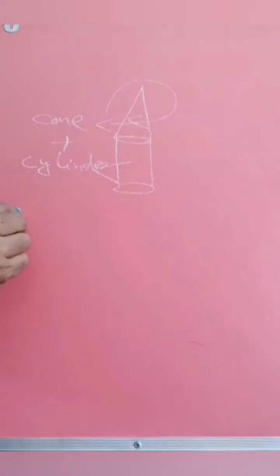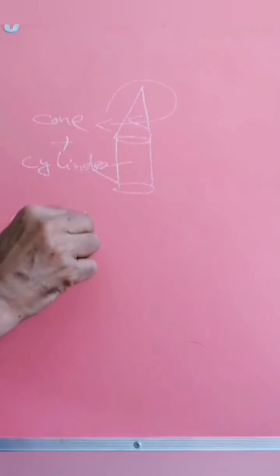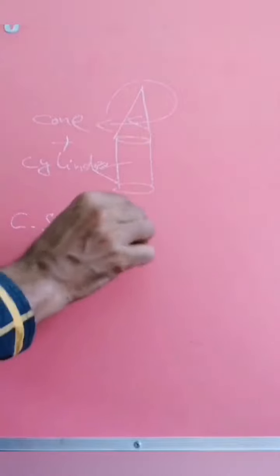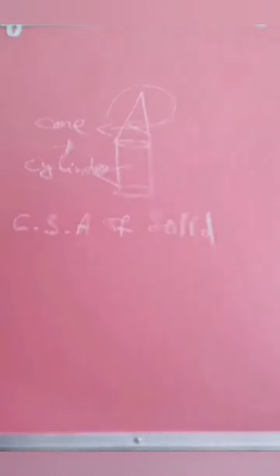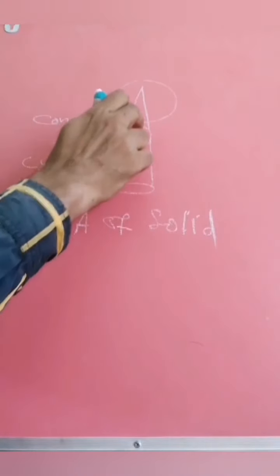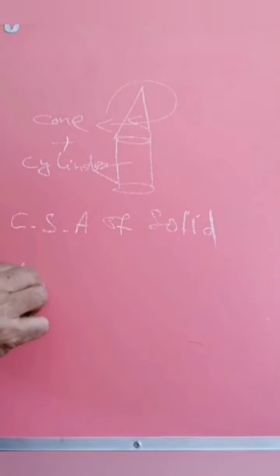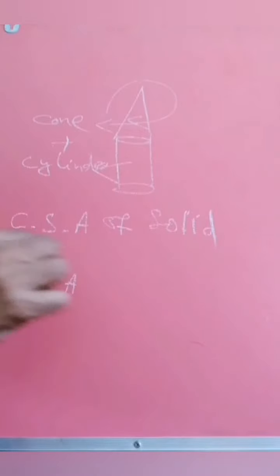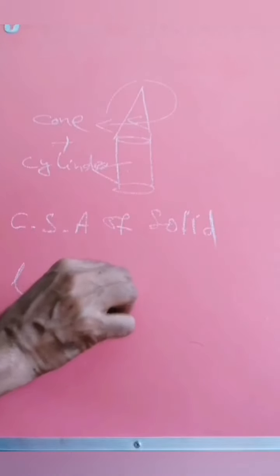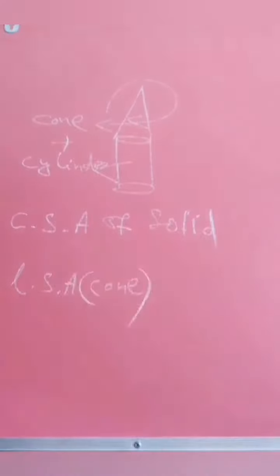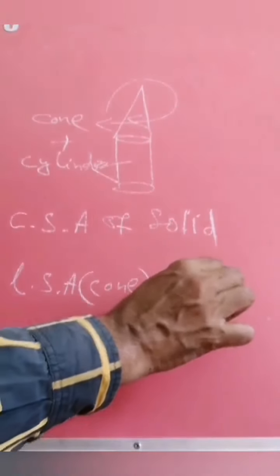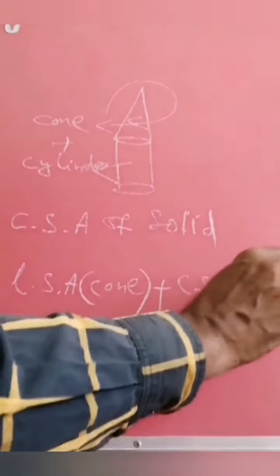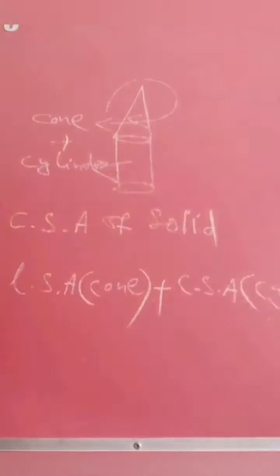So when we have to find the curved surface area of the solid, you have to do two things: one is the lateral surface area of the cone plus the curved surface area of the cylinder.